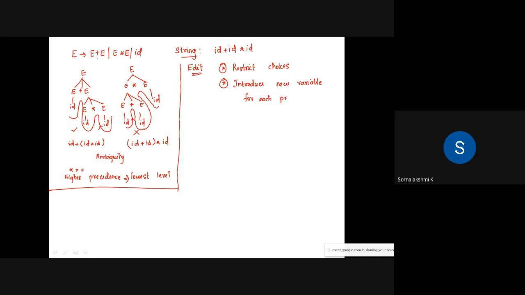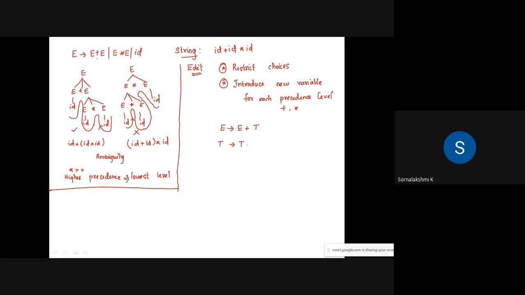So I have two precedence levels here, plus and an asterisk. So I'll try to introduce new variables. So I'll say E goes to E plus T, so instead of E, I'll replace it with another non-terminal T. Similarly, after I reach T, I can no longer do a plus.